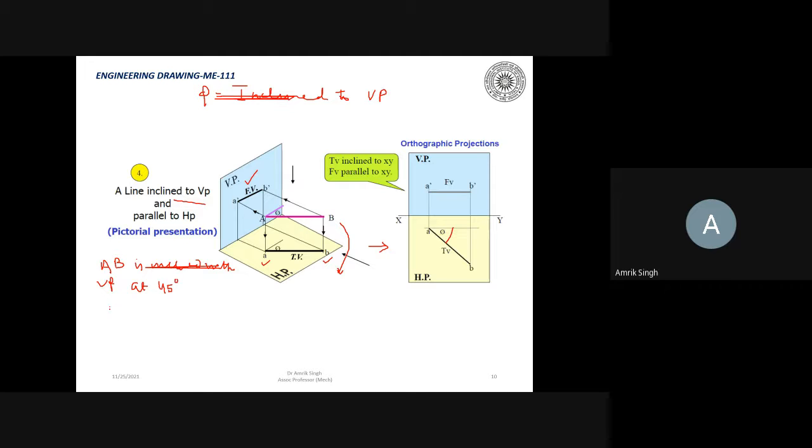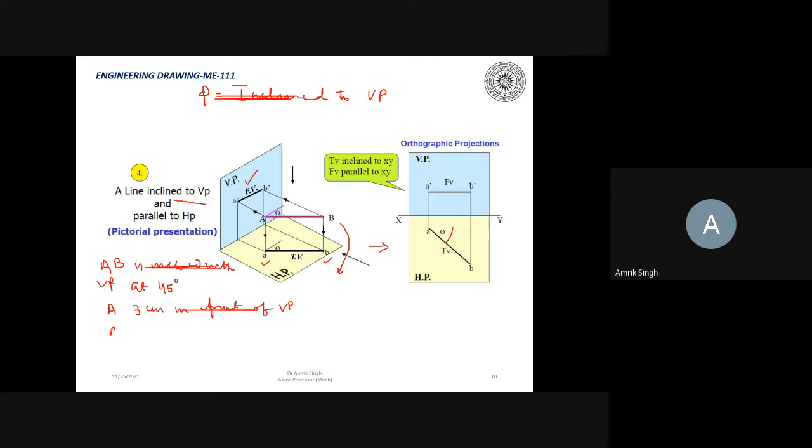The point A, 3 centimeter in front of VP.